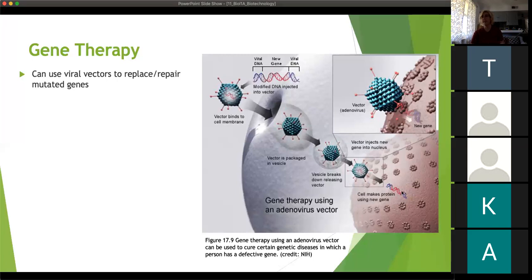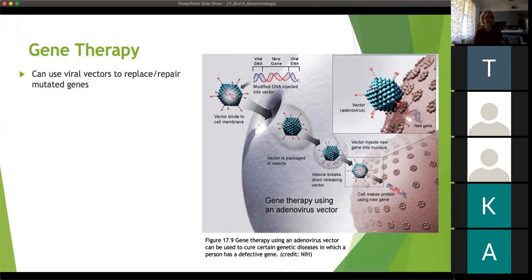And eventually, because of the way viruses work and the way viruses reproduce, that genetic material should get into the host cell. And because the host cell should recognize this as, hey, I have this gene, it would hopefully swap out the bad for the good. So again, in theory, it should work.